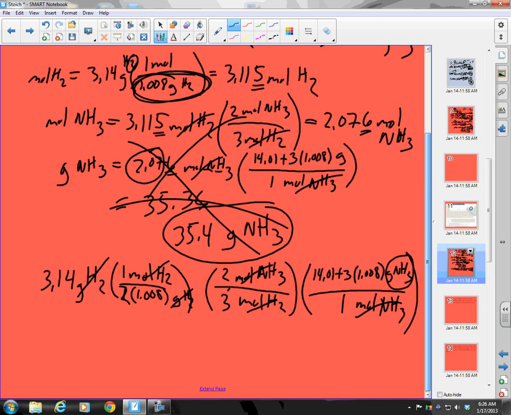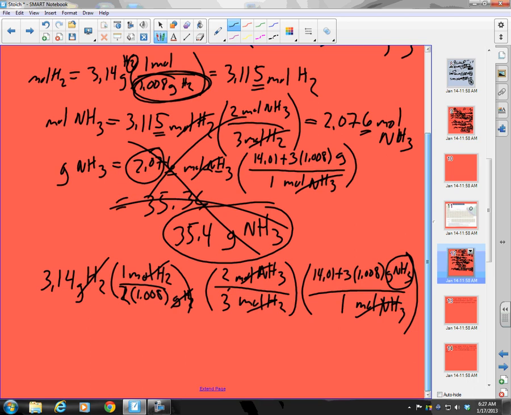Now we can do this all in one step if we're careful. So I have 3.14 divided by quantity 2 times 1.008. Okay, and I get 1.55. That sounds reasonable. Times 2 divided by 3 equals 1.038, times, and now I have to have a quantity here, right?